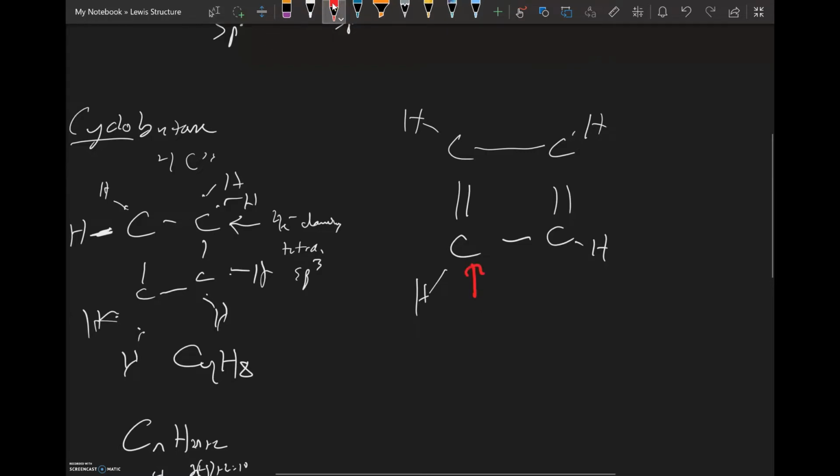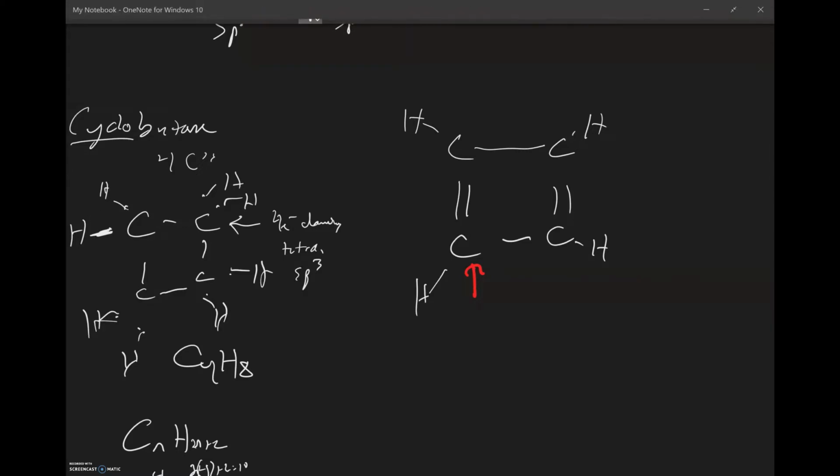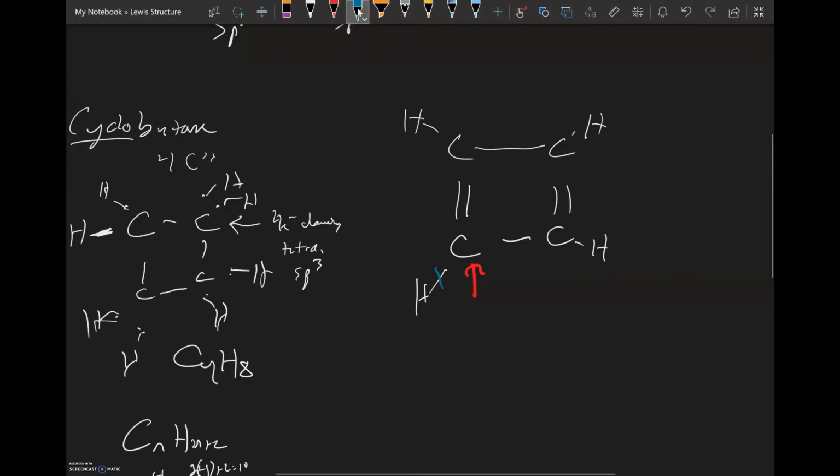So now in this carbon atom, we're going to see that we have 1, 2, 3 domains. And so that is a trigonal planar geometry, and then it also is sp2 hybridized. So again, all of these will exhibit that same hybridization and geometry.